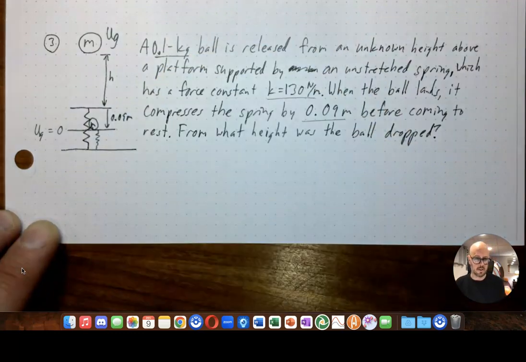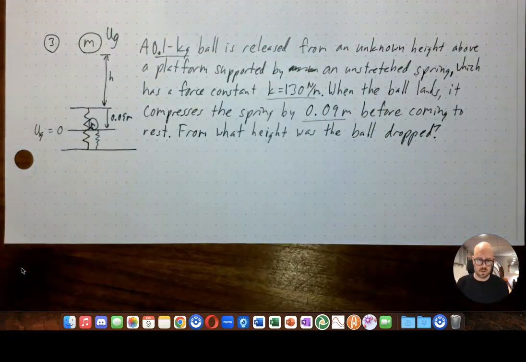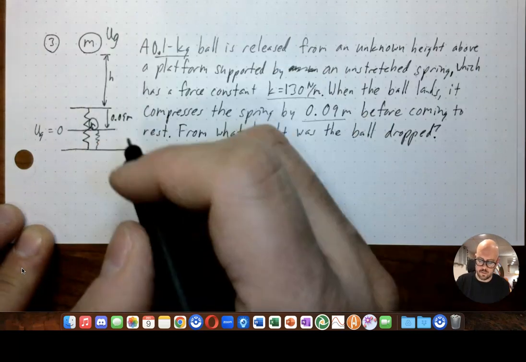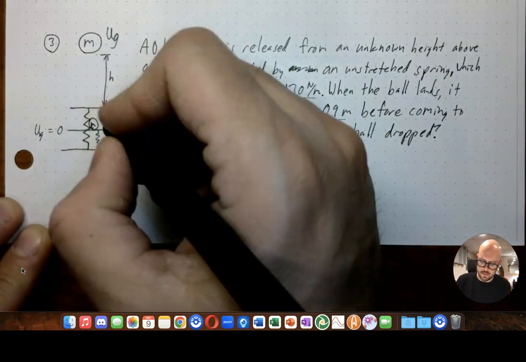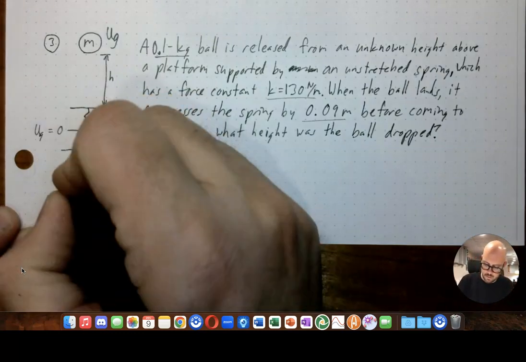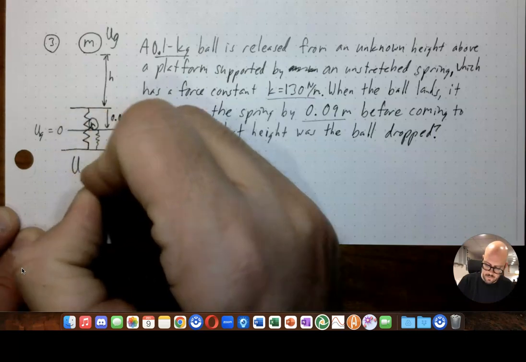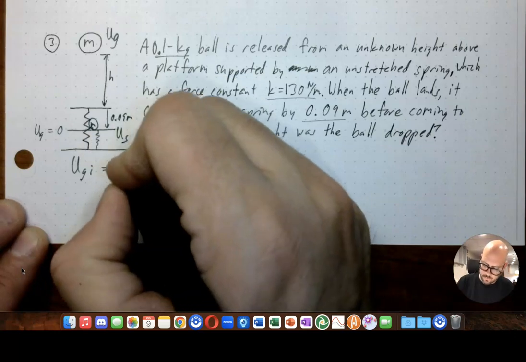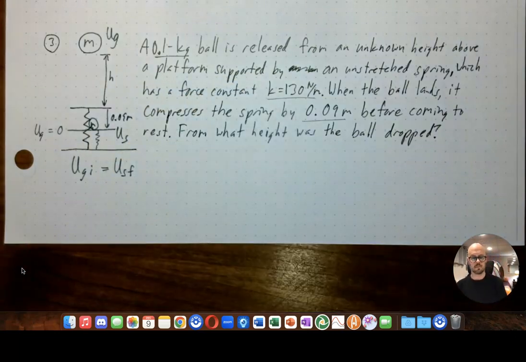So there's no kinetic energy that I'm going to put in my equation, even though there's kinetic energy during the entire problem. It's a transfer in and then a transfer out. What is happening at this point in time is elastic potential energy. So with this slightly more complex setup, there's only two types of energy. There's initial gravitational potential energy way up here, and then there's final elastic potential energy down the bottom.